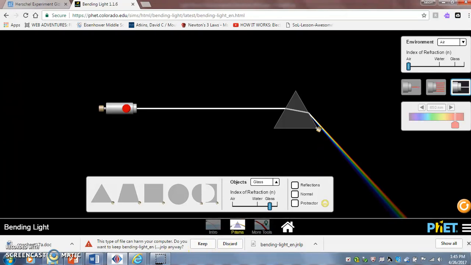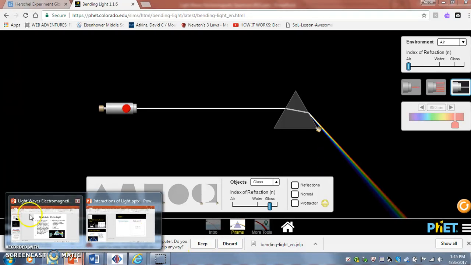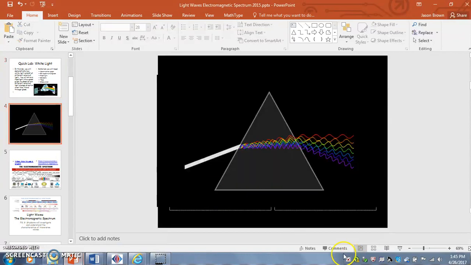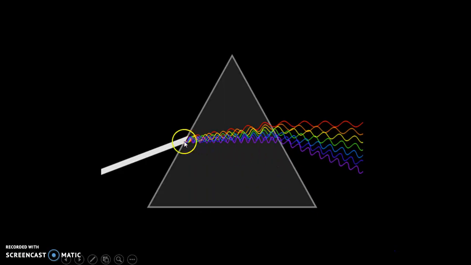If we go back to our PowerPoint, you'll see that the purples, the violets and the blues bend more than the reds. That's because the wavelengths of the reds and the oranges are longer, so they don't bend as much. The light that has a shorter wavelength starts to bend more, and that's how we get to see that.